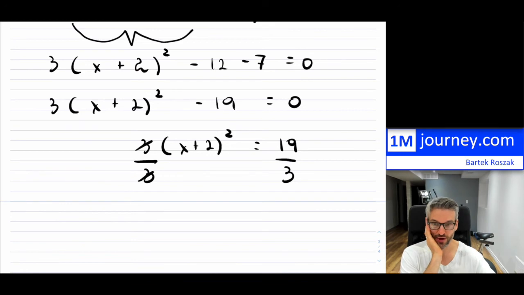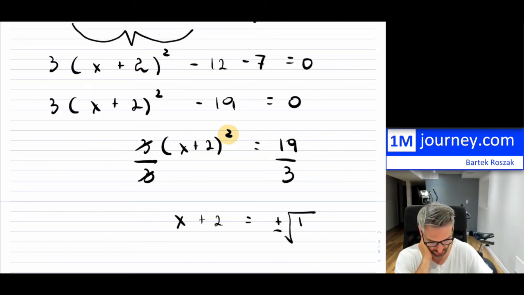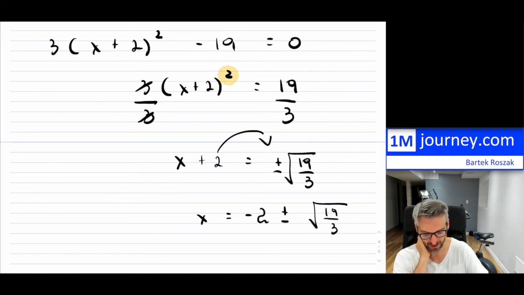Next, taking the square root of both sides is going to leave me with x plus 2 is equal to plus or minus the square root of 19 over 3. And then bringing this over to the other side, here are my two answers: minus 2 plus or minus the square root of 19 over 3.